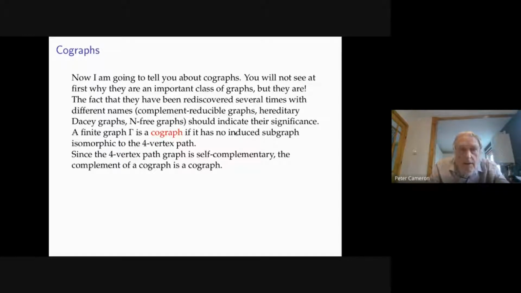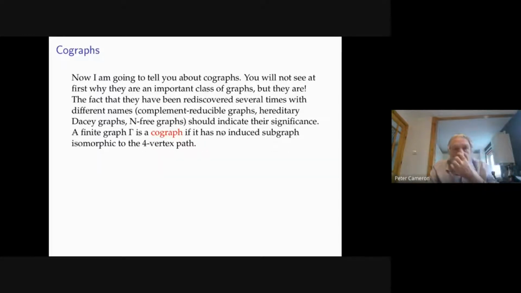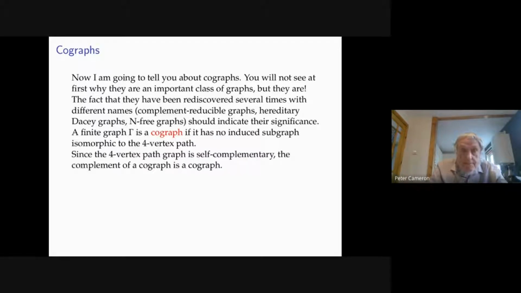So here we go. Here's the definition. A finite graph is a cograph if it has no induced subgraph which is the four-vertex path, a path with four vertices and three edges. And the four-vertex path graph is complementary.